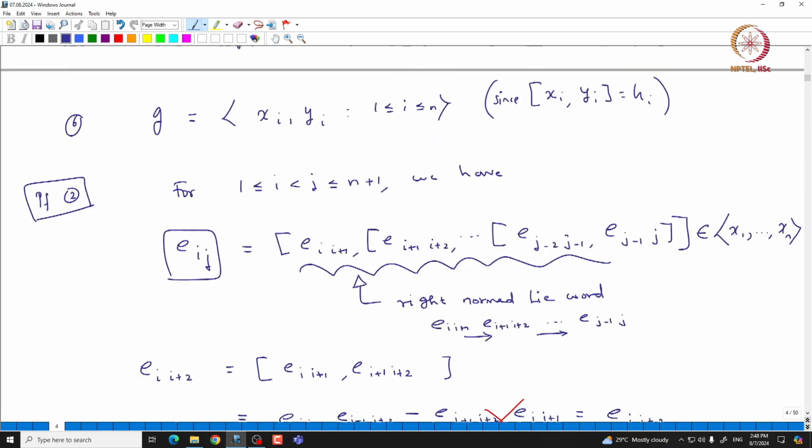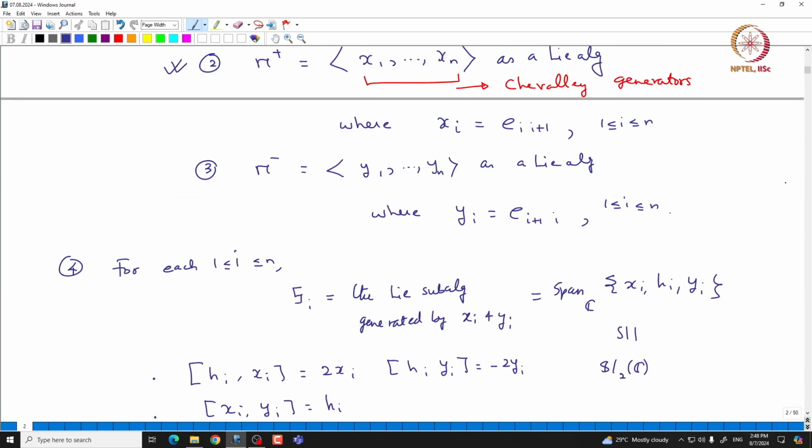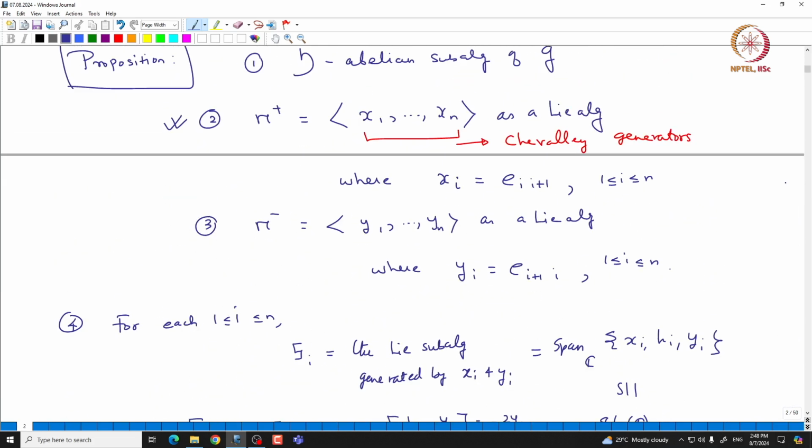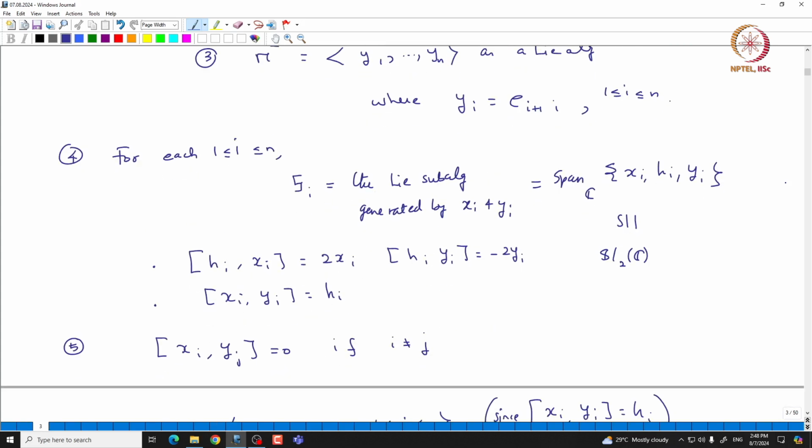And since n plus is a Lie subalgebra, which is easy to verify, in particular n plus is equal to the Lie subalgebra generated by x1 etcetera xn. Similarly, for y1 etcetera yn, the Lie subalgebra generated by them is equal to n minus.